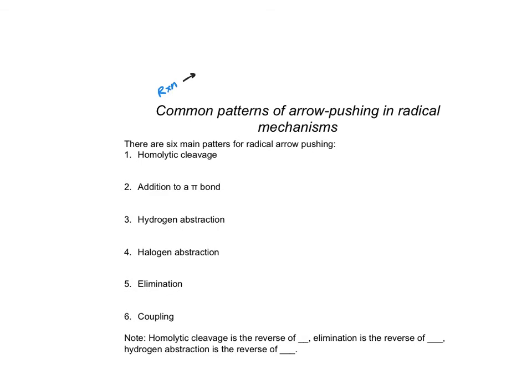So we know that in ionic reactions, we have a couple of different patterns. Right? One of those was, let's say, a nucleophilic attack. So we had learned that pattern of nucleophilic attack. We had another one, which was loss of leaving group, right? So we had learned that pattern with respect to arrow pushing for a leaving group leaving. Same thing with, let's say, proton transfer, right?